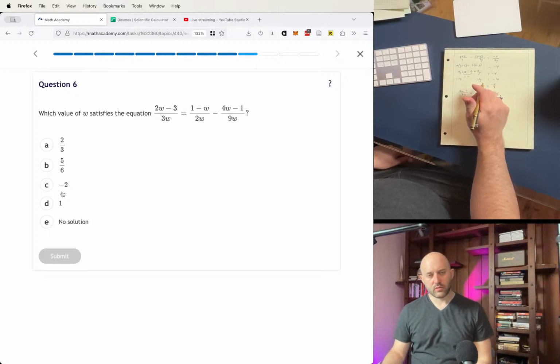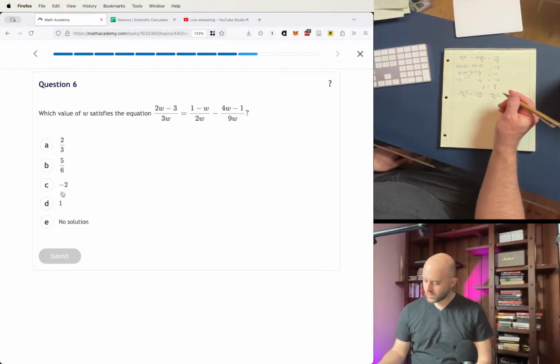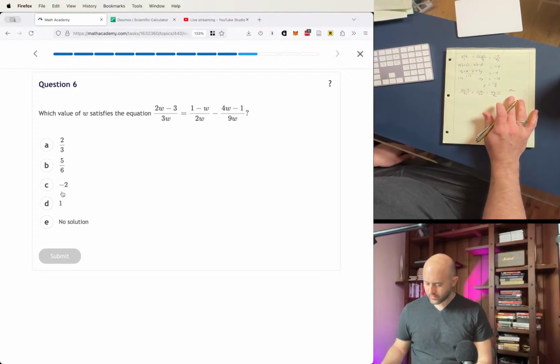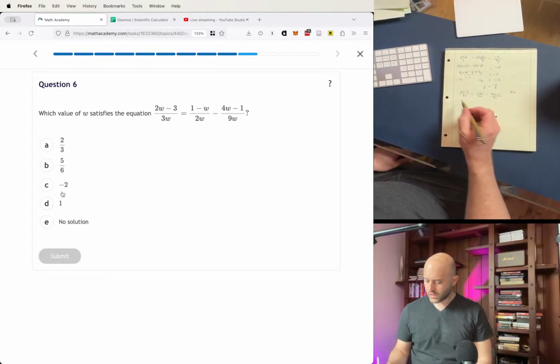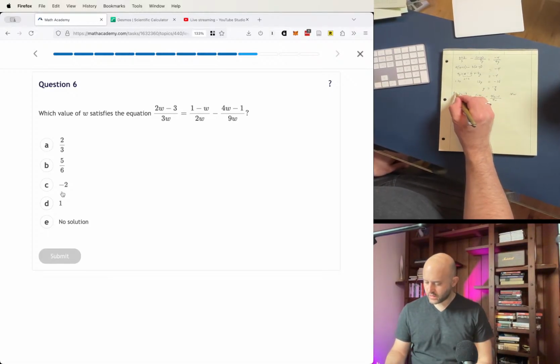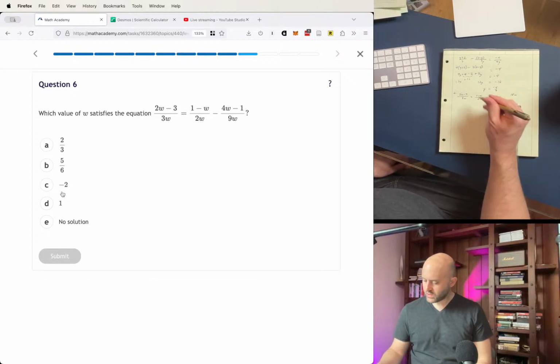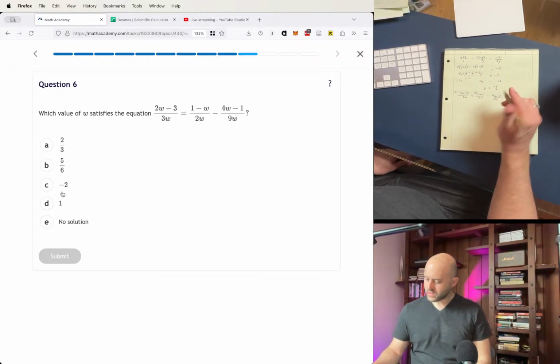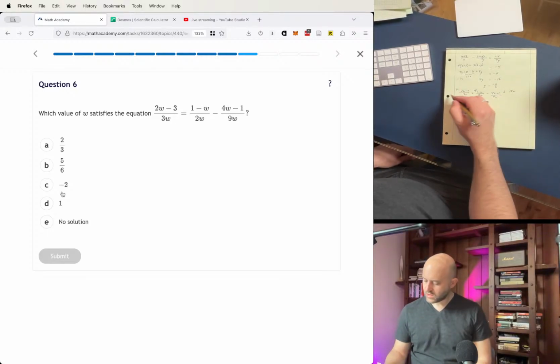So the least common multiple would be not 9. Looks like it's 18. Okay, so we're going to multiply by 18w. So that means this is times 6. This is times 9. This is times 2. Okay, so let's do that.